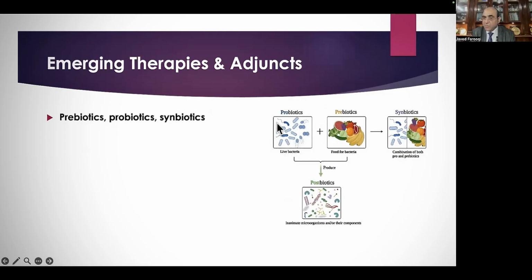Probiotics means live bacteria, prebiotics means food for this bacteria, and when these two are combined, this is called synbiotics. And the probiotics and prebiotics, they produce postbiotics, which are microorganisms and their components.